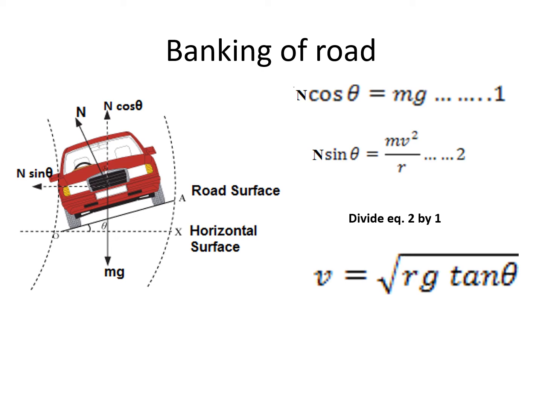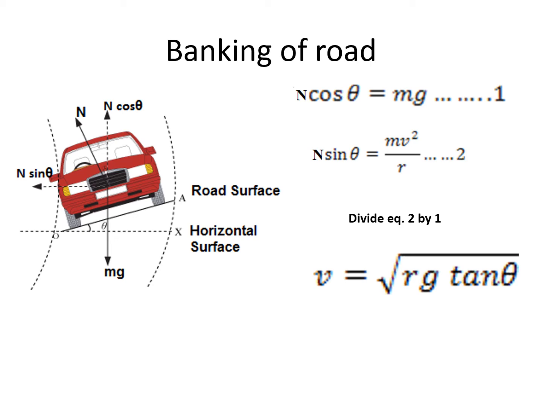N cos theta is the vertical component that will balance the weight of the car, and N sin theta will provide the necessary centripetal force. So we will put forth the equation as N cos theta is equal to mg and N sin theta is equal to mv square upon r.